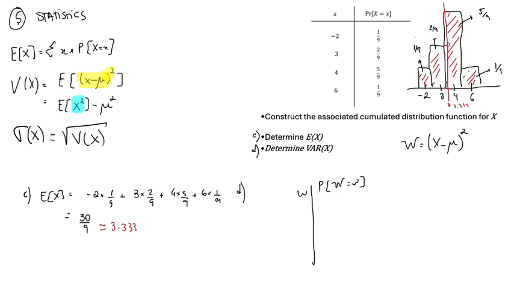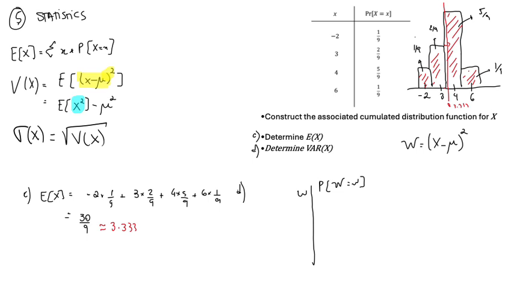What do I need to find expected value? I need the PDF, so that I can multiply the columns. So I'm going to find the PDF for W. This is little w, and this is the probability of W being little w.